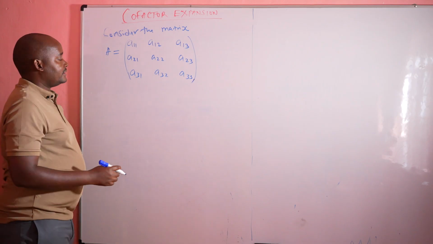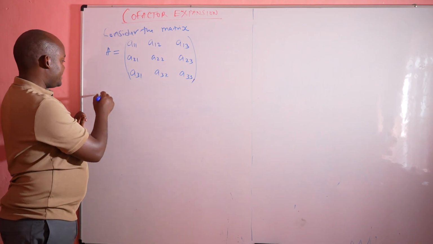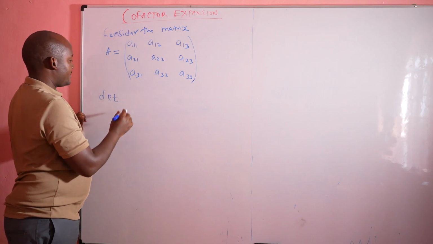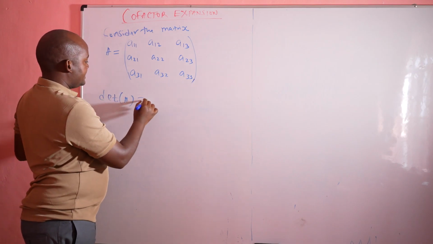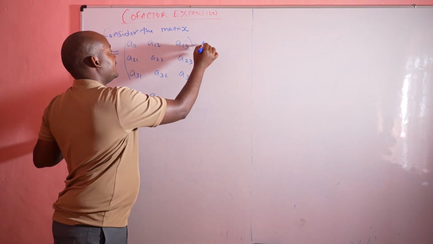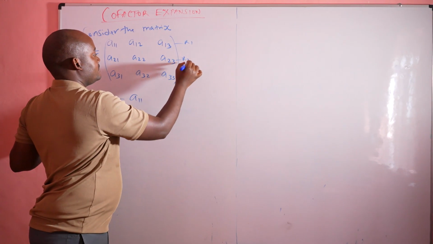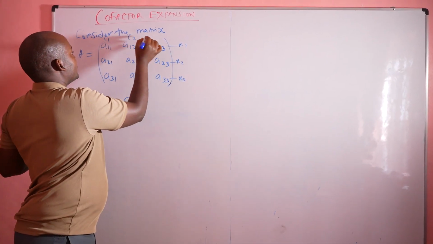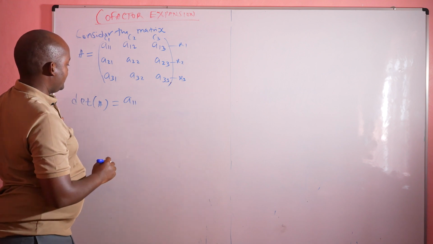So now, for you to be able to compute the determinant of A using the cofactor expansion, what you need is to pick the entries. This is your row 1, this is your row 2, this is your row 3, this is your column 1, column 2, column 3.